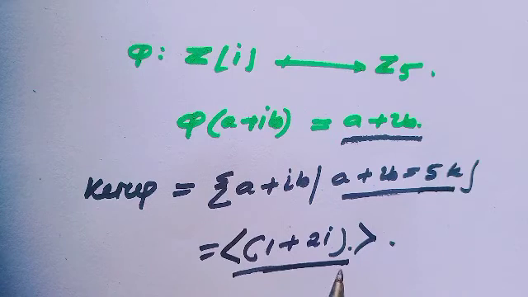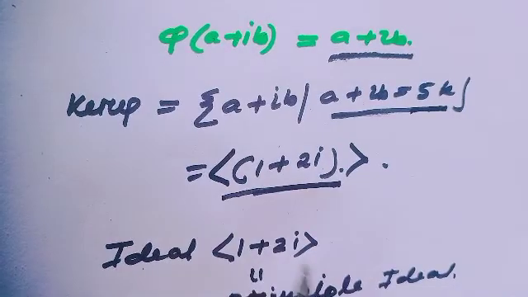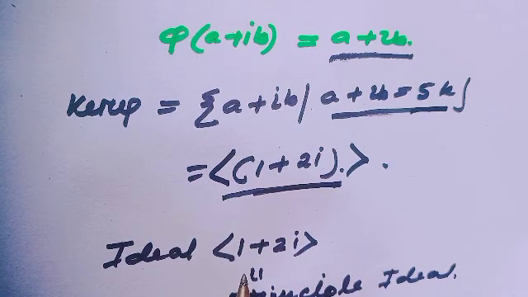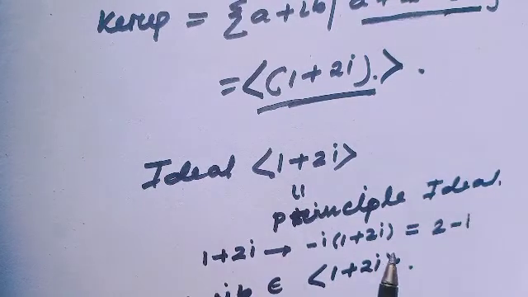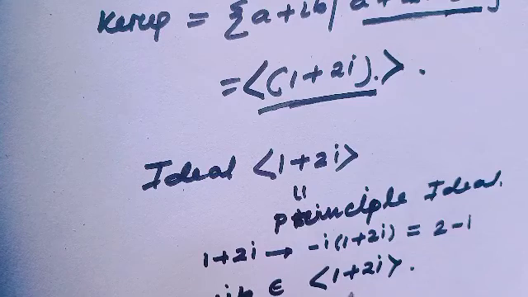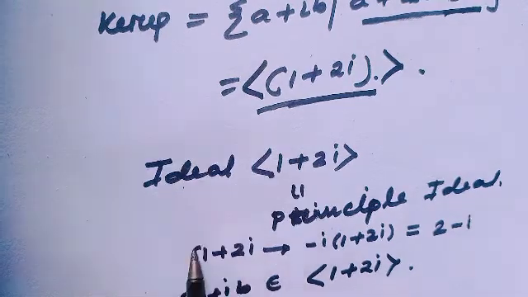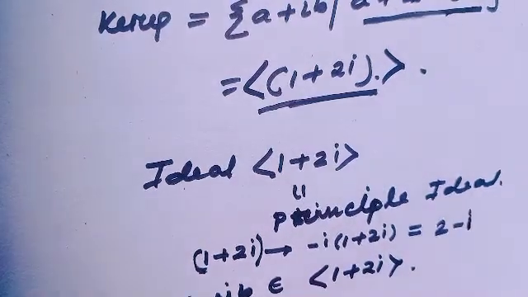And obviously all of us know the kernel is an ideal. That means here the ideal would be the cyclic subgroup generated by 1 plus 2i. The ideal is obviously a principal ideal because it is generated by only a single element. And in my above question, the ideal was generated by 2 minus i. If you multiply this by minus i, then this would be 2 minus i.